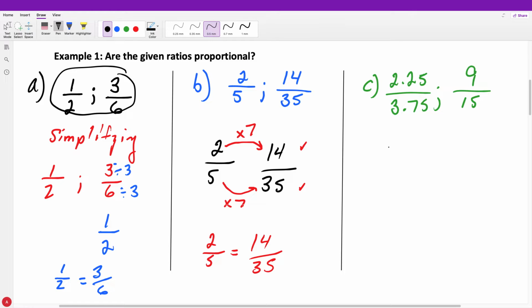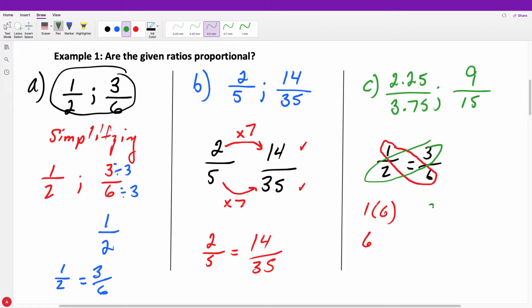All right, and one of the ways that we can do this as well is 1/2, is this equal to 3 over 6? Well, we already know it is. So when they are equal, there is something that we can do called multiplying our means and our extremes. You don't need to know that right now, but you will in the future. But what we can do is if you take the one numerator and multiply it by the other denominator, so 1 times 6 is equal to 6, and then you take the other numerator and multiply it by the other denominator, so 2 times 3, that also equals 6.